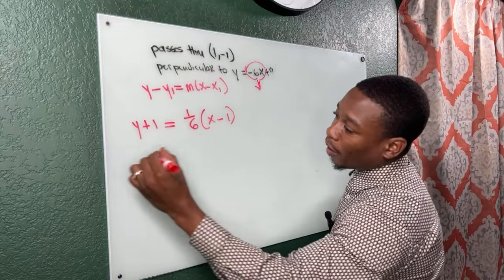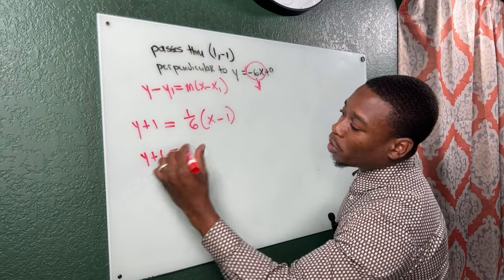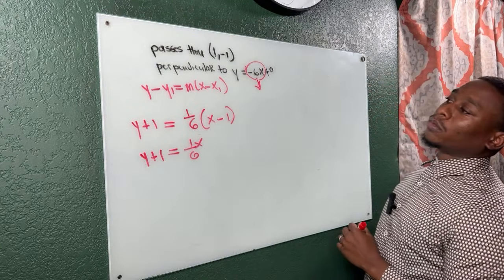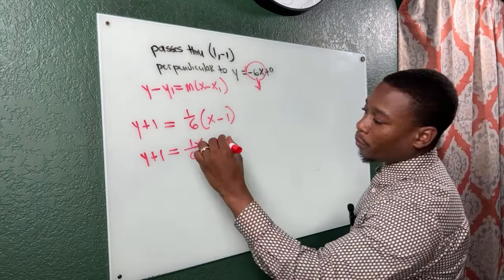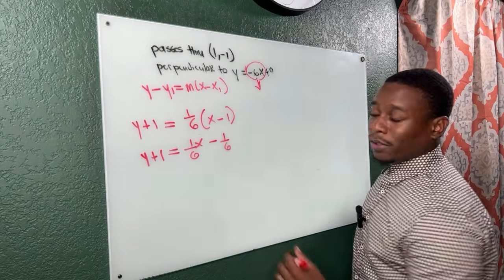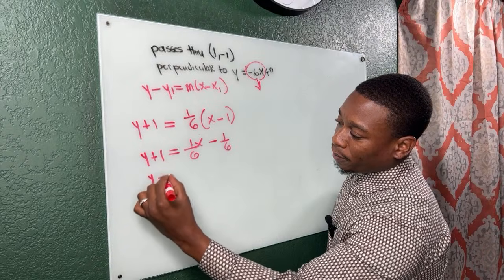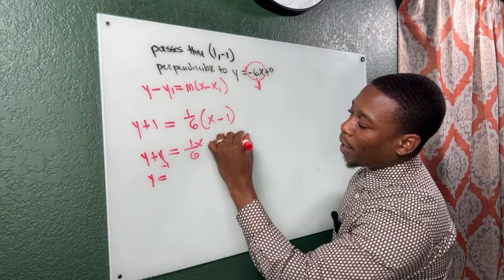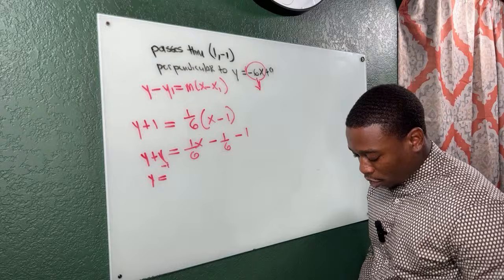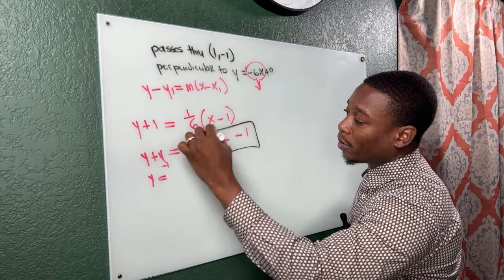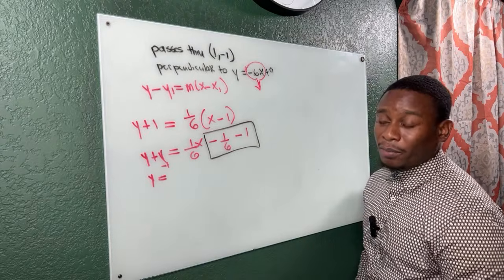Now I'm going to distribute, right? y plus 1 is equal to 1 over 6x minus 1 over 6. Now we need to get y by itself, so I subtract 1. So when we focus right here, these are like terms, but they don't have the same denominator.